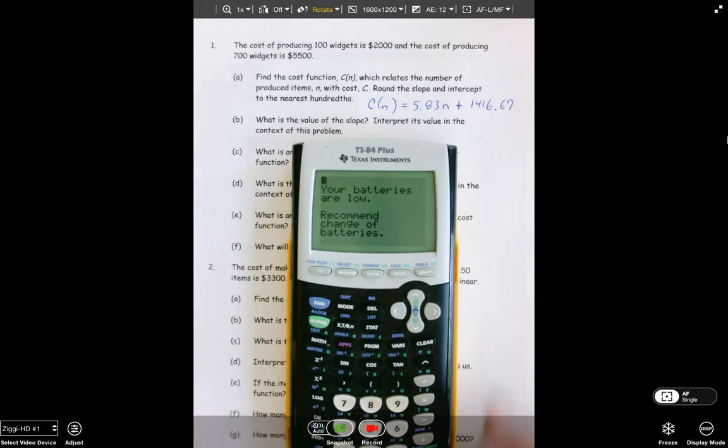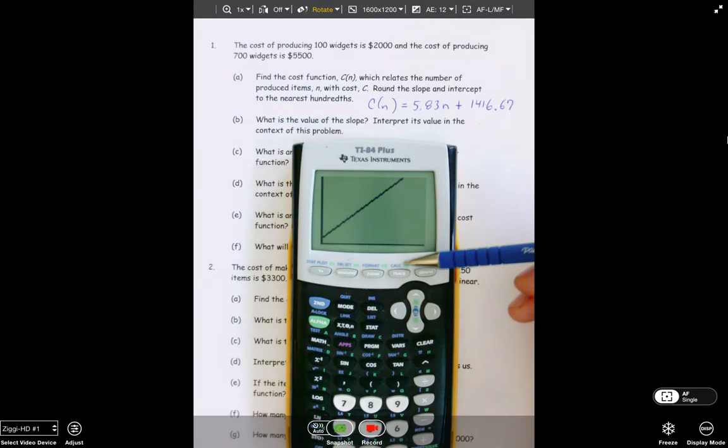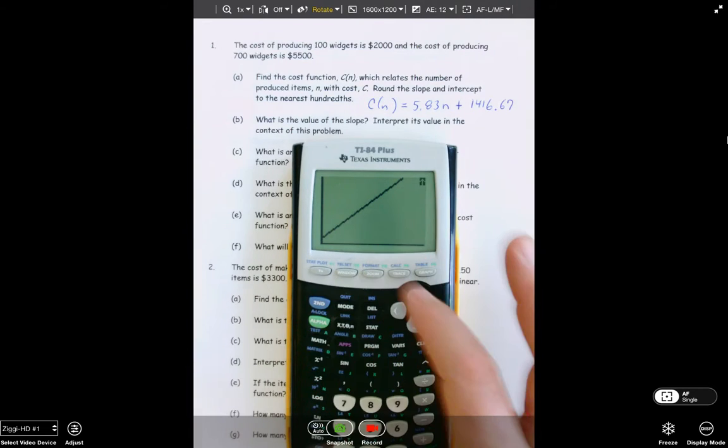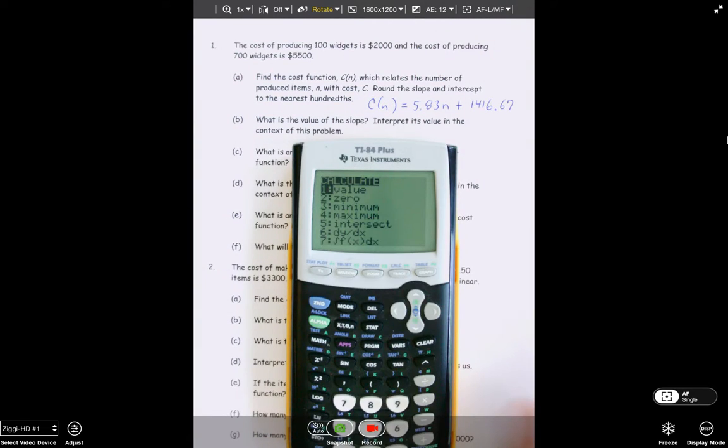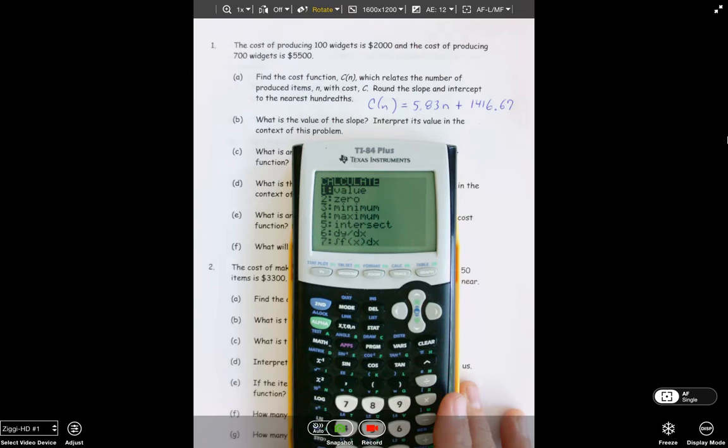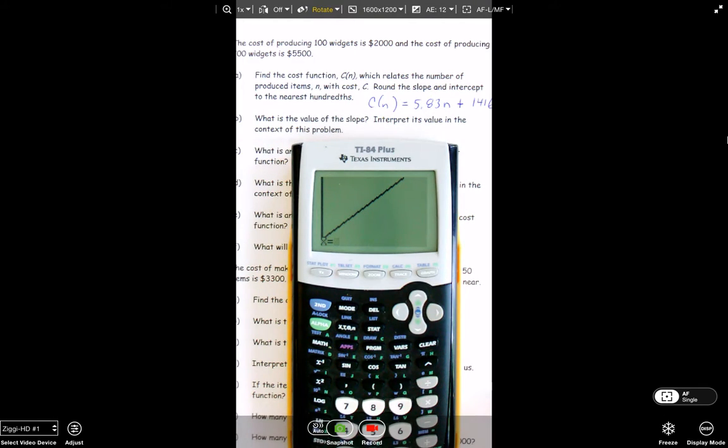Now, just to give you an indication that what we're doing does make sense, right here there's a calc button. So I can go second function calc and go value. And it allows me to come up with a function value given a particular x value.